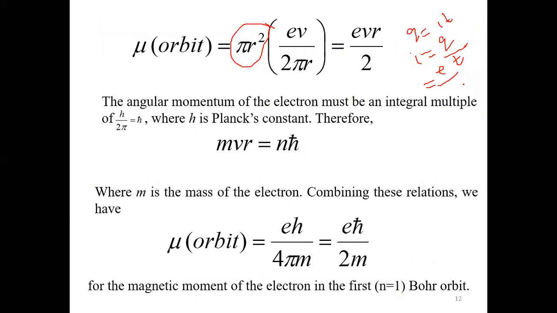What is T? T is the circumference of the path, twice pi r, divided by the velocity of the electron. Okay, so if you simplify that, v will go up.